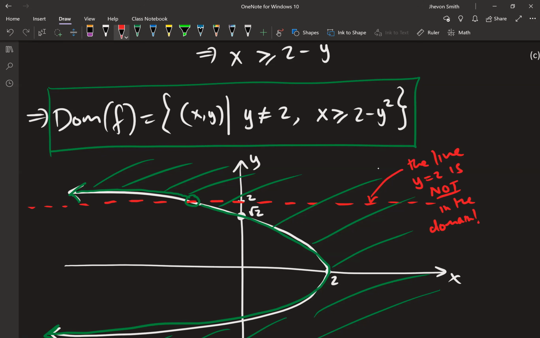So it's all this green space, but you're not allowed to pick a point even in the green space where you're on the line y equals 2.